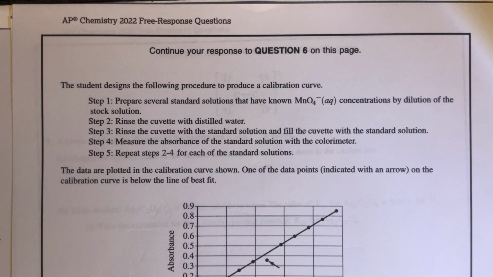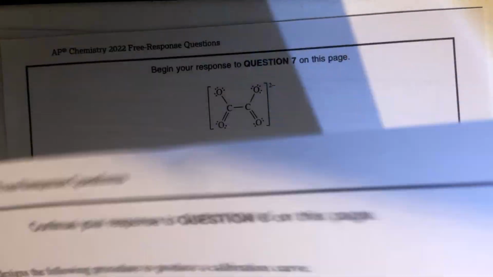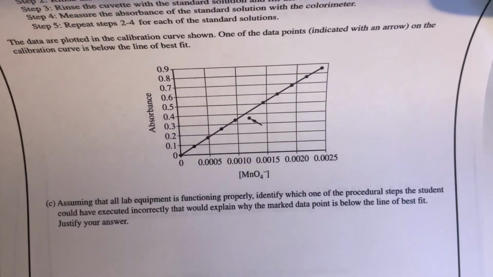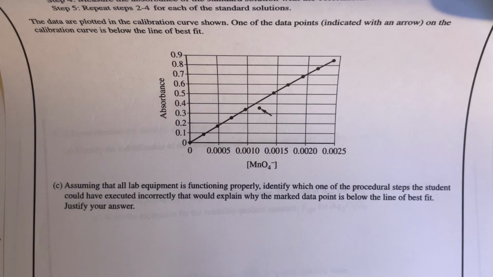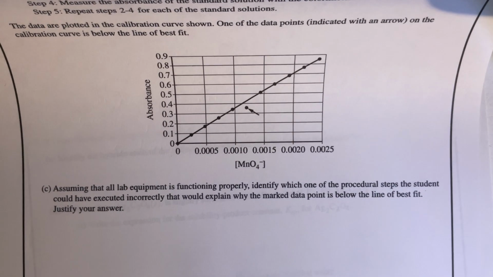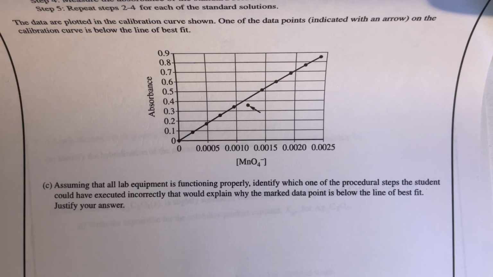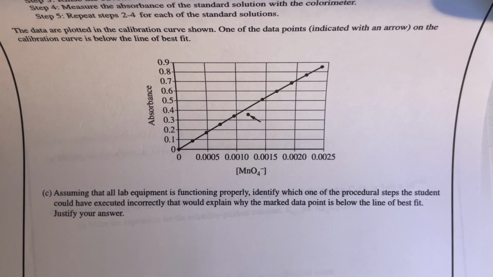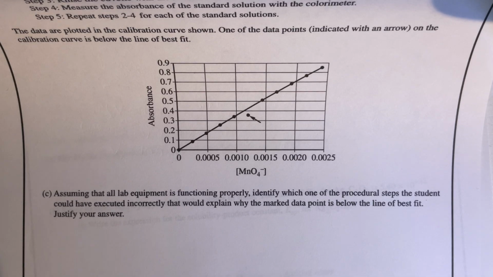Calibration curves. So it looks like the student did pretty well according to the graph. We have an outlier, which doesn't fit the line. So we're going to read through the steps again to see where the student went wrong.